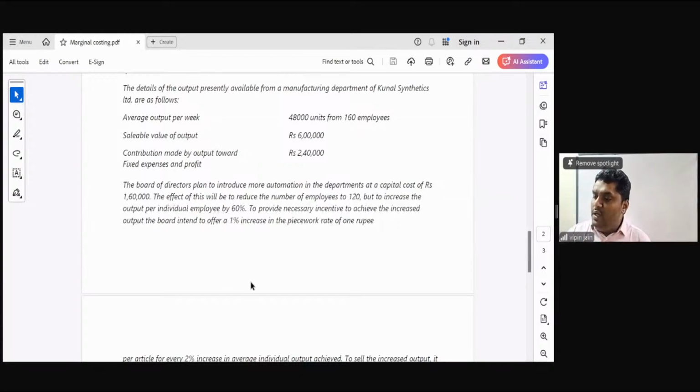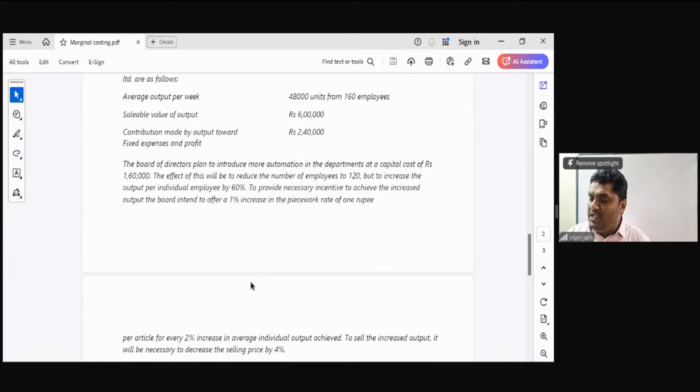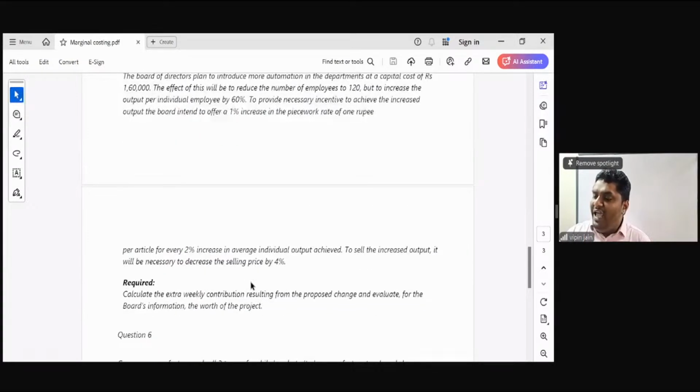The effect of this will be to reduce the number of employees to 120, but to increase the output per individual by 60%. To provide necessary incentive to achieve the increased output, the board intend to offer a 1% increase in piece rate of 1 rupee per article for every 2% increase in average individual output achieved.